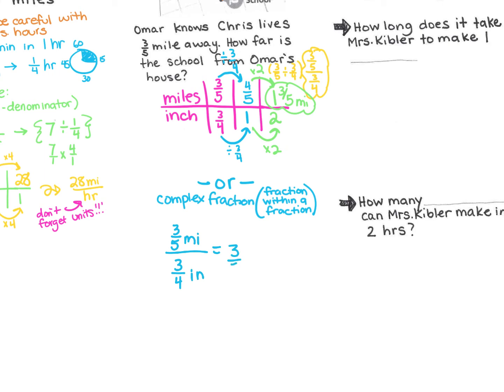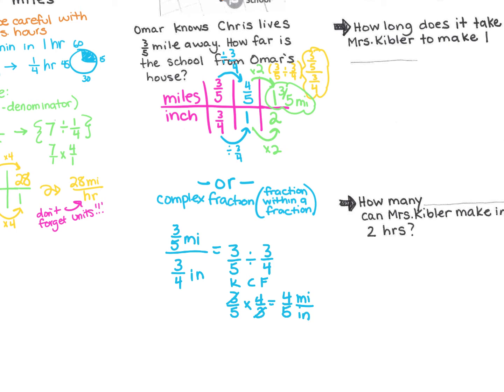Again, I like to write this out vertically. 3/5 divided by 3/4. Keep, change, flip. 3/5 times 4/3. I can cross simplify here to get 4/5. My units are still the same, miles per inch.